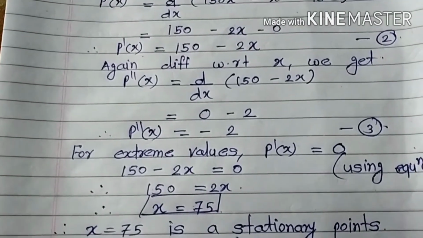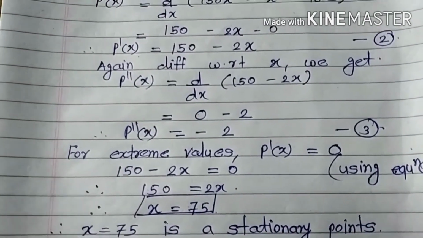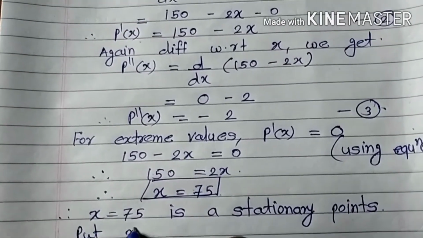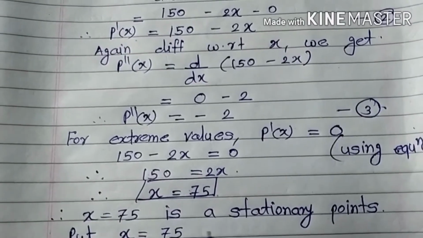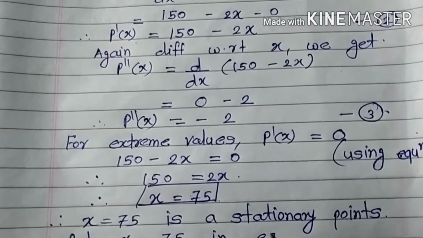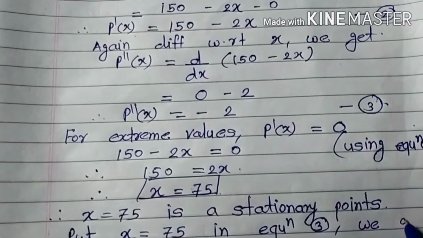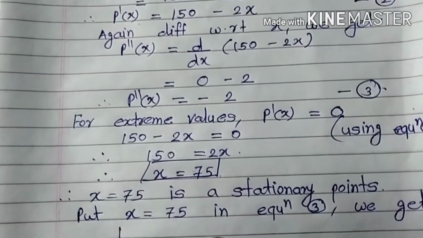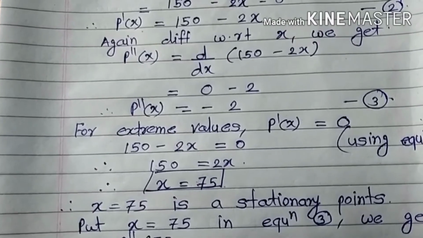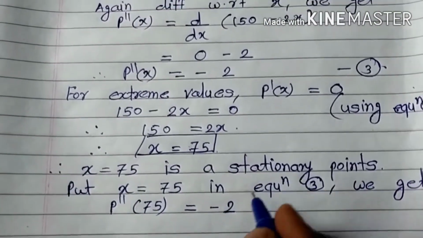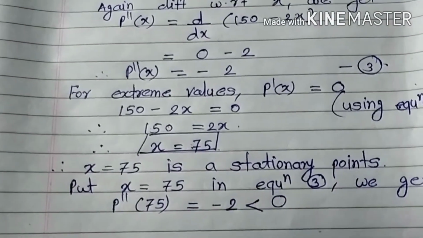Now put the stationary point in equation 3. We get p double dash of 75 is equal to minus 2, which is less than 0.